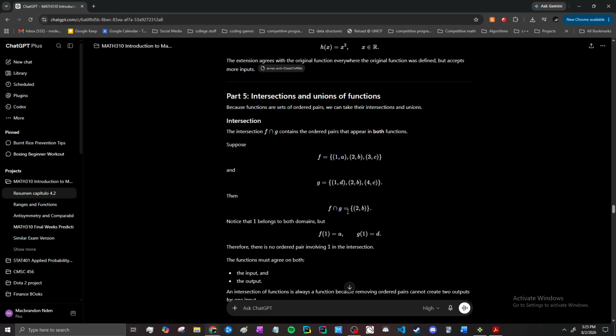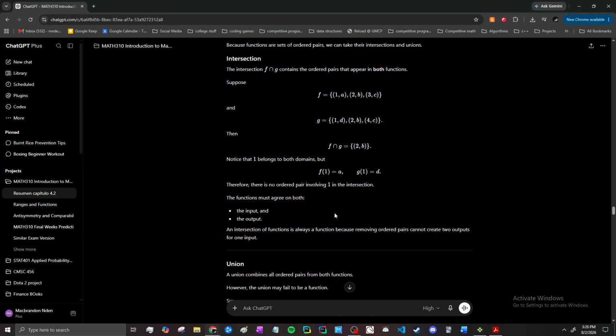Intersection, obviously same rules, not that hard.